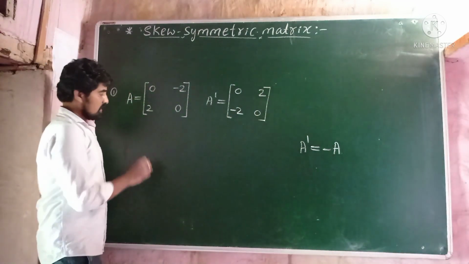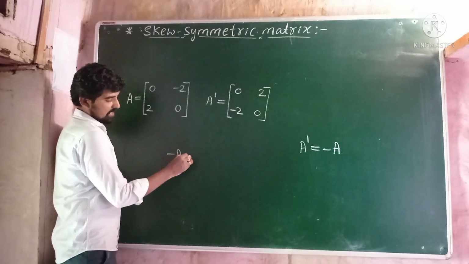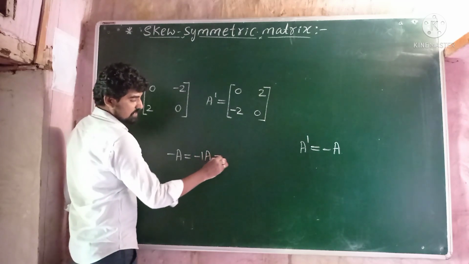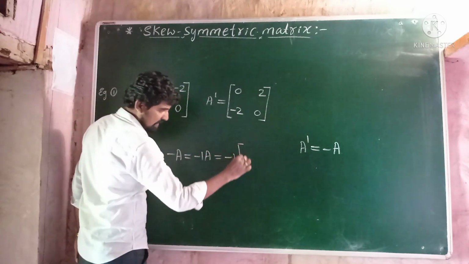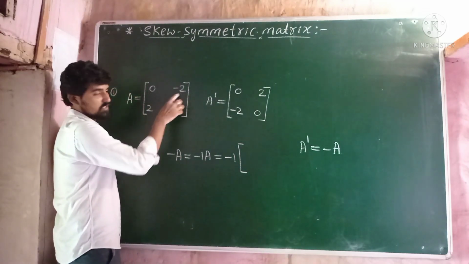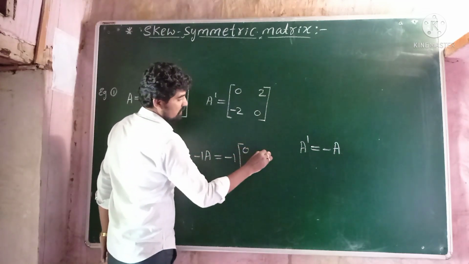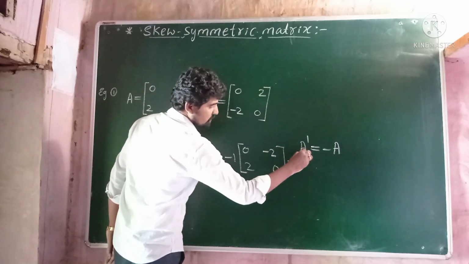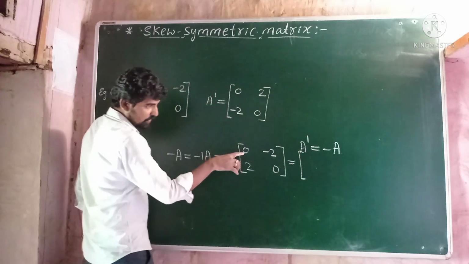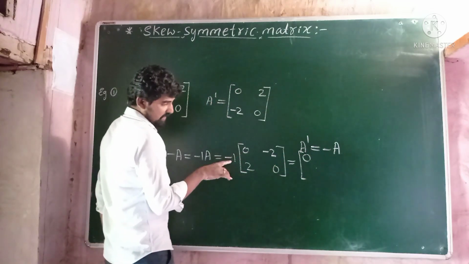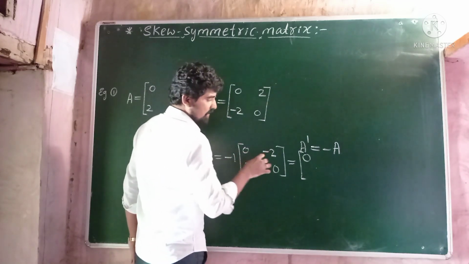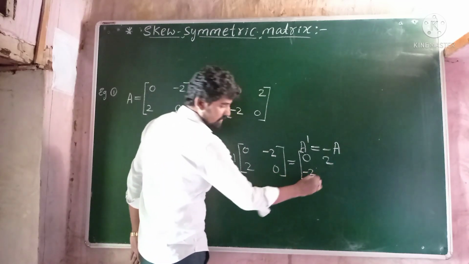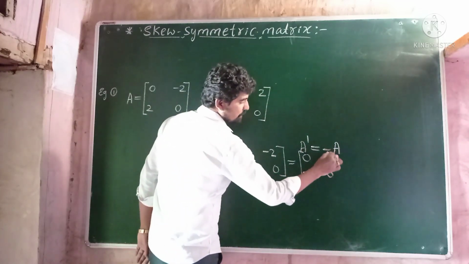And you may observe here the matrix minus A is equal to -1 into matrix A, which is given by -1 into 0, -2, 2, 0. That is -1 into 0 is 0, -1 into -2, minus into minus plus, is 2, -1 into 2 is -2, -1 into 0 is 0.